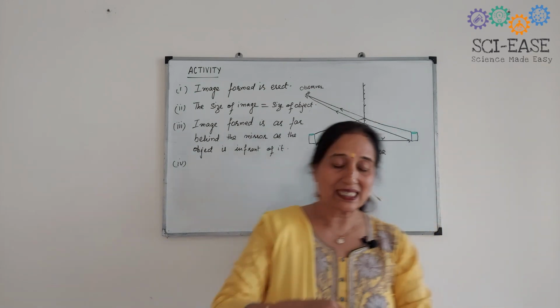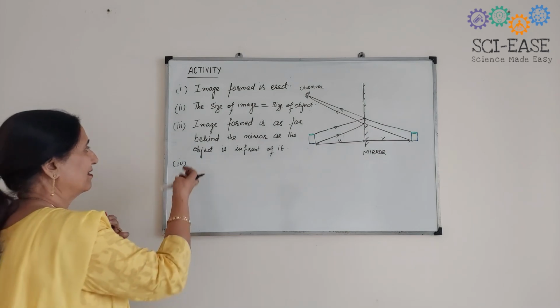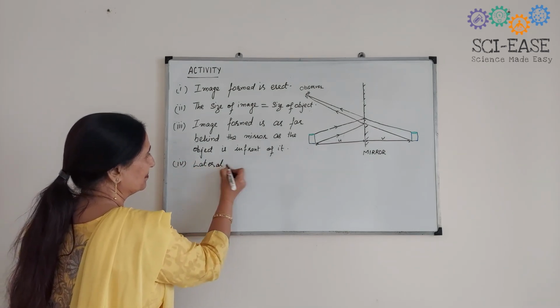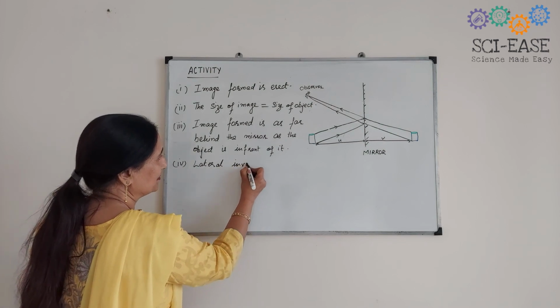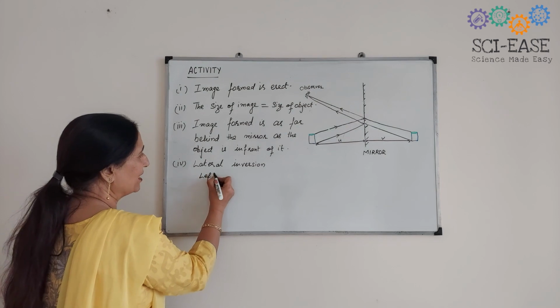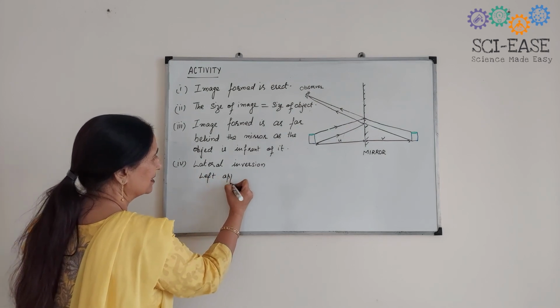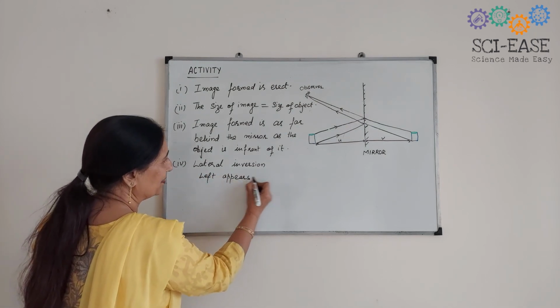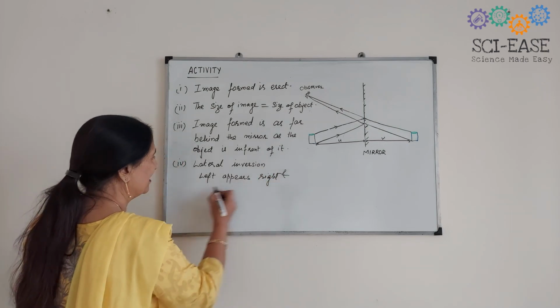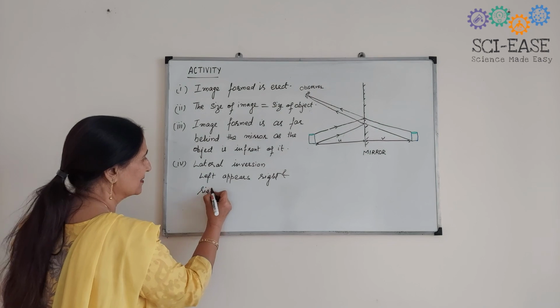That is known as lateral inversion. That is, left appears right and right appears left.